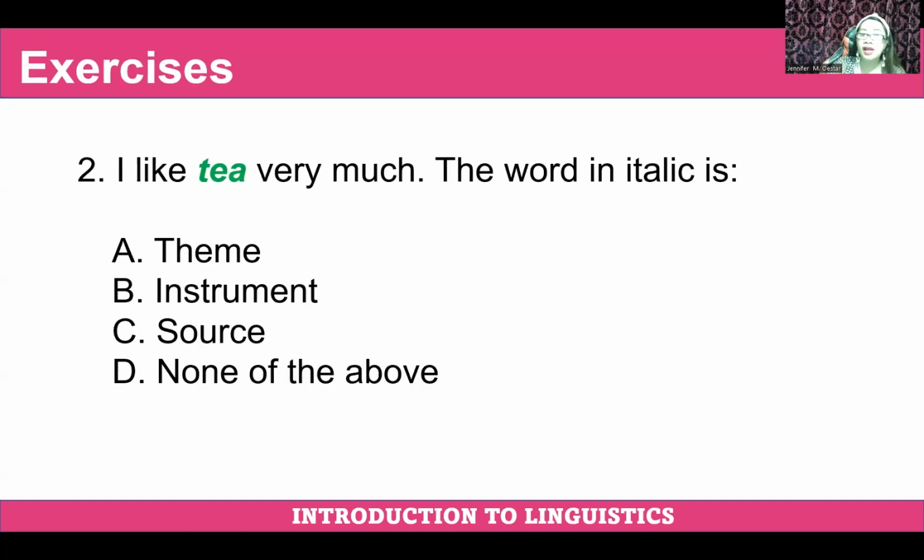Number 2. I like tea very much. The word in italic is A, theme, B, instrument, C, source, D, none of the above. What is your answer? Write on the chat box. Okay, the answer is theme.